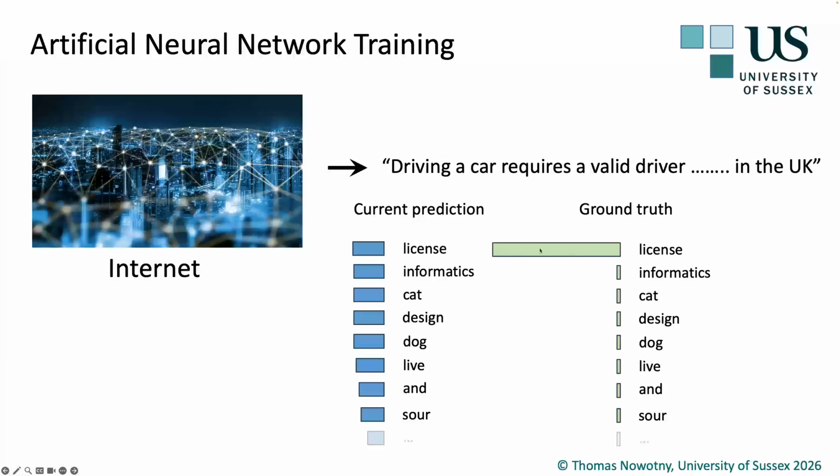It has probability one, and all the other ones have probability zero, essentially. So if the network initially comes up with this incorrect prediction of all kinds of words being likely, then we will now try to correct the weights so that license is the most likely one. Yeah, license gets the high probability assigned, and the other ones low ones.